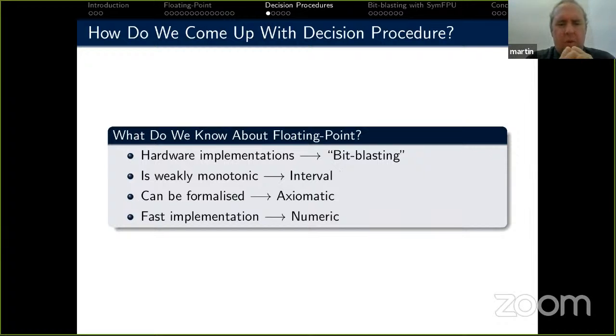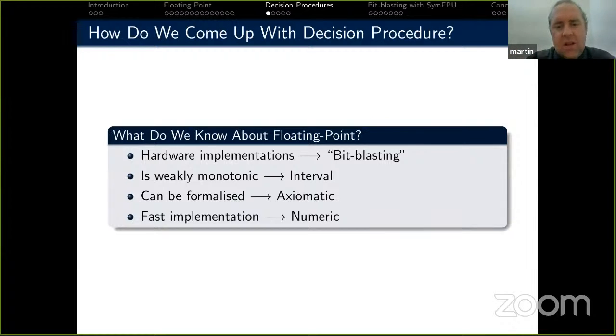The fact that we've got a formalization means we could do some kind of axiomatic approach, because we could just use that formalization. If you've got a real solver, then we could take this, translate everything to reals, and put that into the solver.